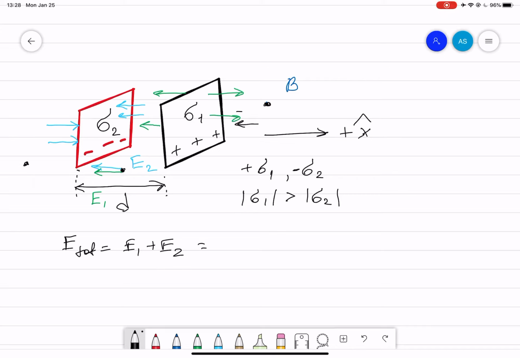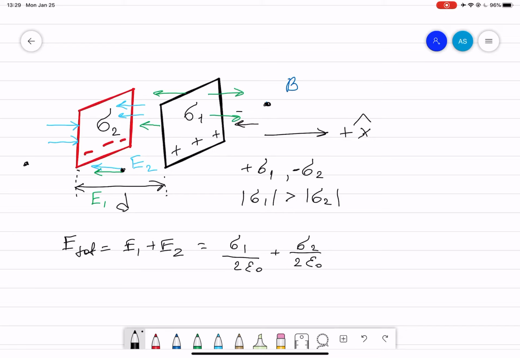What is the general formula to find an electric field for these charged conducting plates? The electric field E1 will be sigma 1 divided by 2 epsilon naught, and E2 will be sigma 2 divided by 2 epsilon naught.